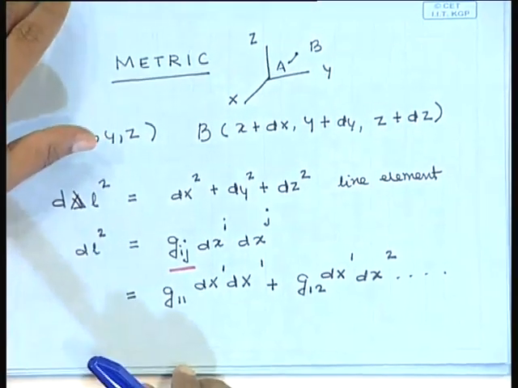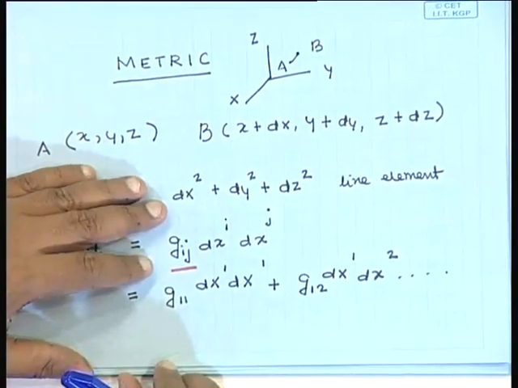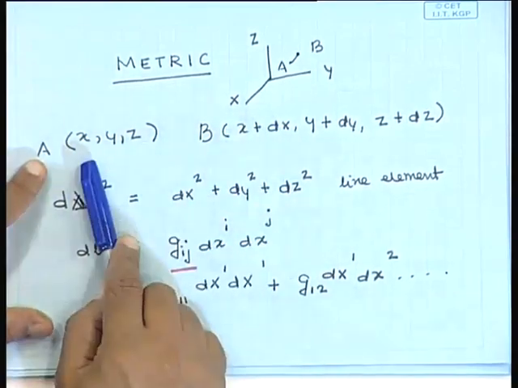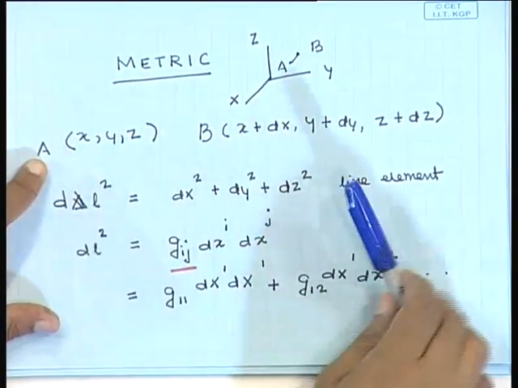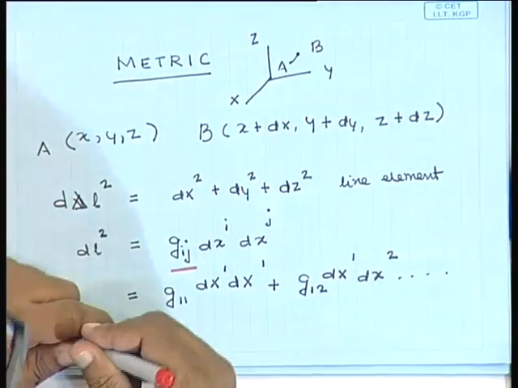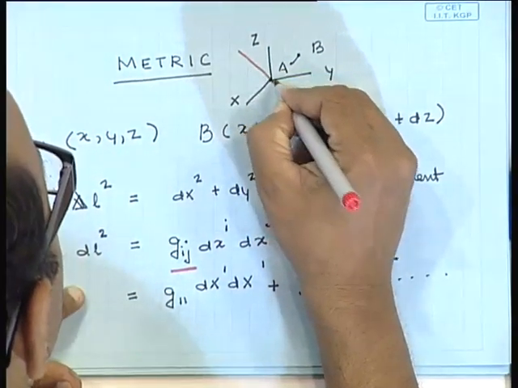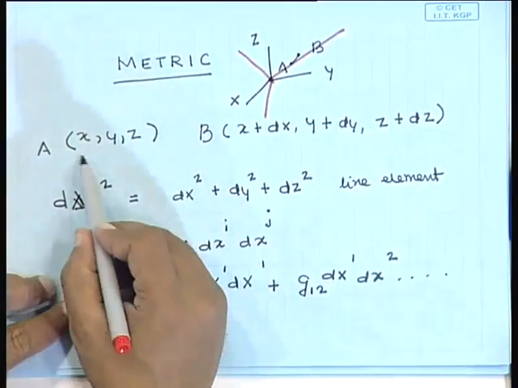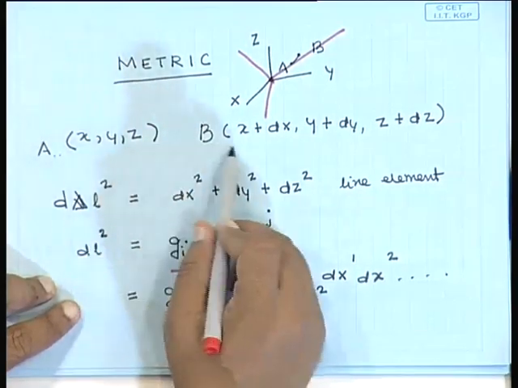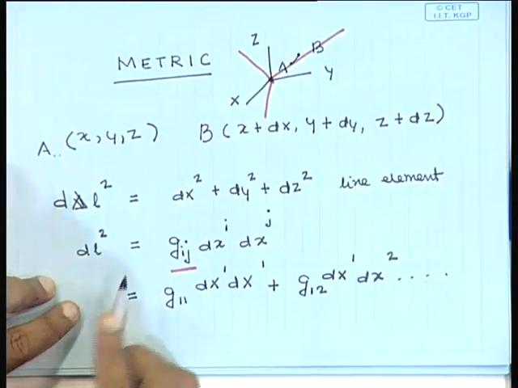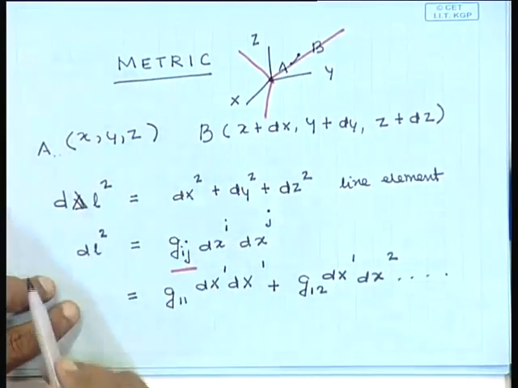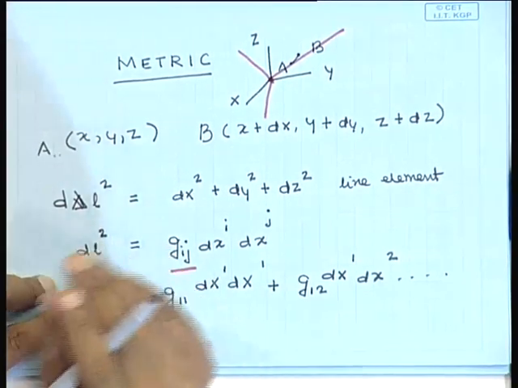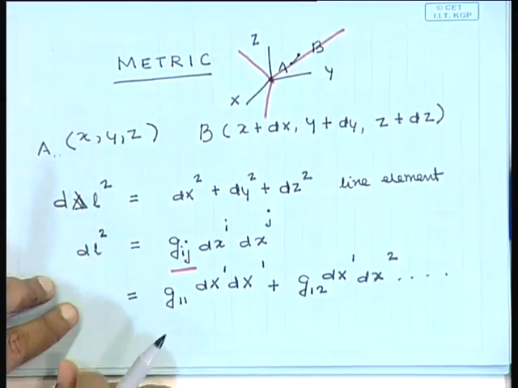If I change my coordinate system, the value of the coordinates corresponding to A and B will change. If I choose a different coordinate system, the value of the coordinates corresponding to the point A and B will change. But does the length of the separation between these 2 points change? No. Right? The length is an invariant quantity. The length does not change.